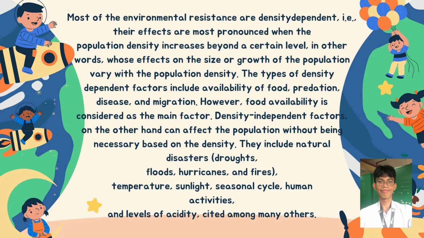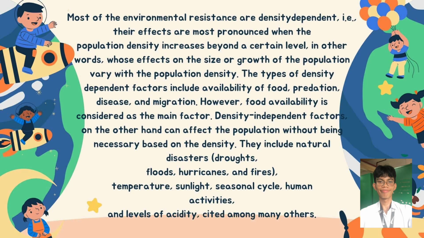This slide explains how the environment grows, especially the biotic resources, what we call food for the biotic. It depends on the resources of the environment that can make the population grow, and also considers the factors that can affect the population without necessarily being based on the density.